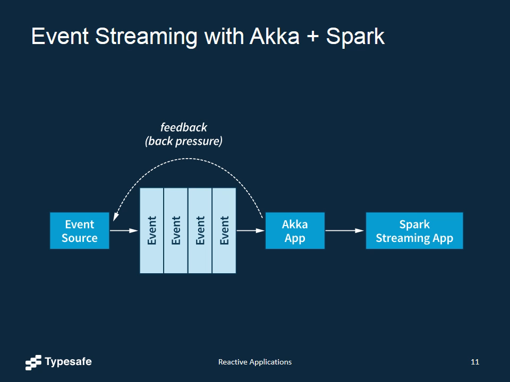You don't want to have unbounded queues in the middle because inevitably some scenario, some spike in traffic, will arise where you end up running out of memory. At the same time, you don't want to just arbitrarily drop events somewhere in the middle because you haven't accounted for it. So the idea with reactive streams really is that it gives you a strategic tool for deciding how you're going to manage the flow of events.